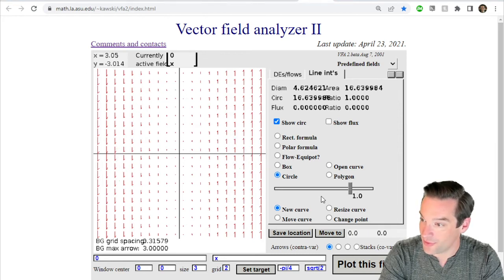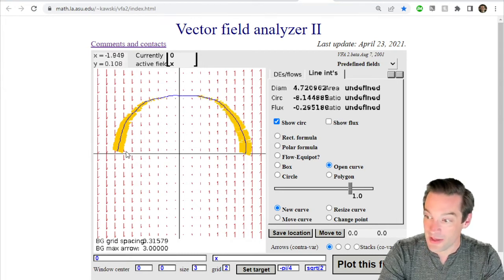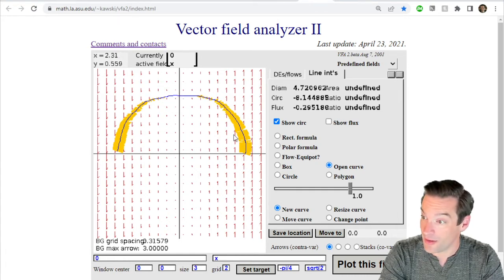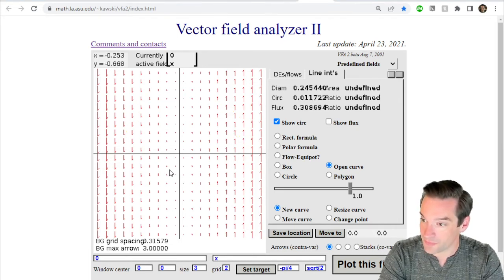So actually I probably just want to do this with an open curve. As we anticipated, we get negative contributions at the beginning. They become small when we get near the y-axis, but then they remain negative when we emerge on the other side. And so my total circulation, my path integral, is going to equal 0 for that path.